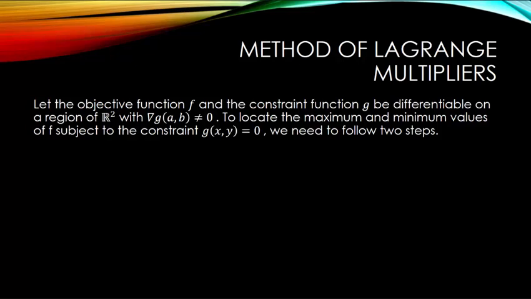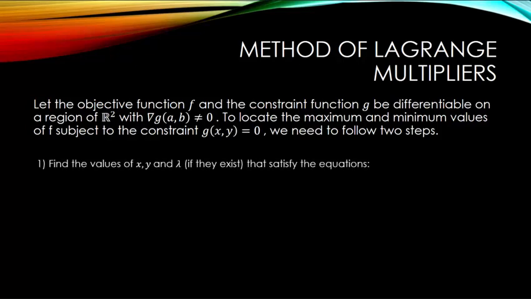So the method of Lagrange multipliers involves just a couple of steps. Let my objective function f and the constraint function g both be differentiable on a region of R2, with the gradient of g at (a,b) not equal to 0. To locate the maximum and minimum values of f subject to the constraint that g(x,y) = 0, we need to follow two steps.